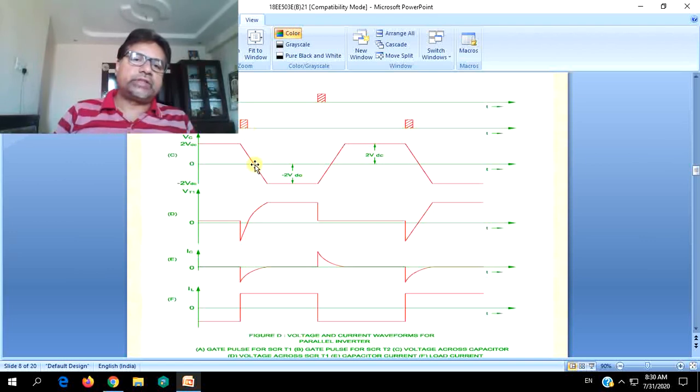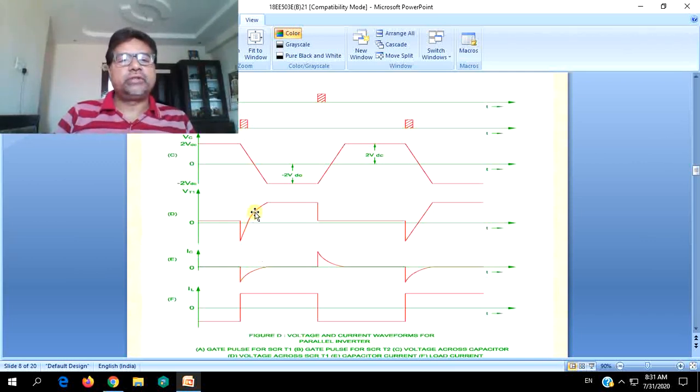SCR2 is still conducting, and during its conduction period, the capacitor gets charged in reverse and its voltage becomes equal to minus 2 VDC. And corresponding to this, the reverse biased voltage across SCR T1 will be due to the current spike discharged by the capacitor.